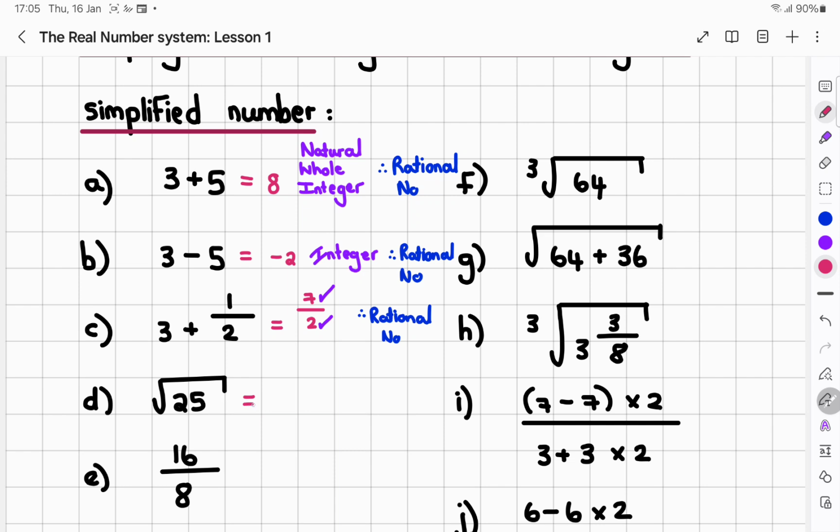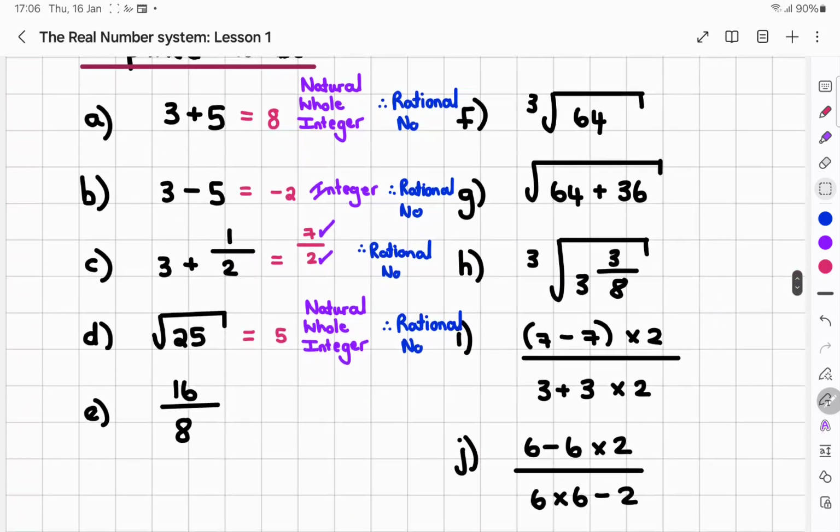Okay. Simplify, square root of 25 is 5. So thus, it's going to be a natural, I'm going to copy and paste over here. It's a natural, whole, integer, which makes it a rational number. Same with 16 over 8.